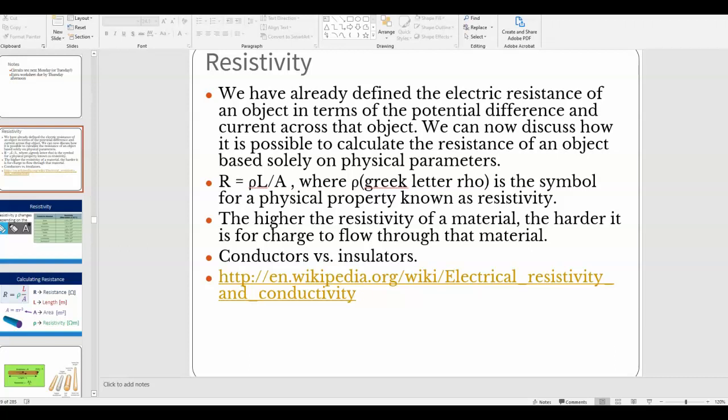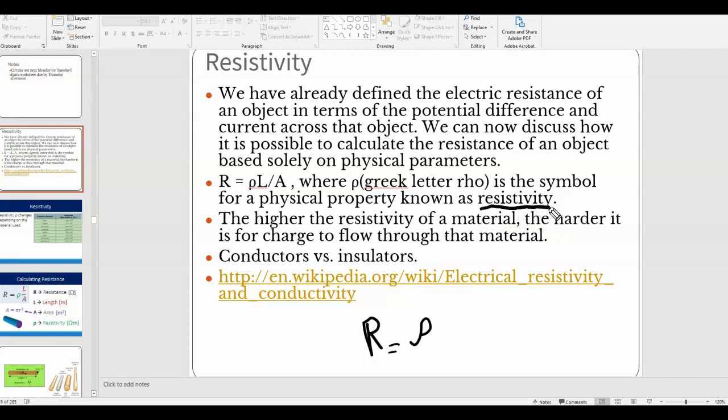Here is the equation to do that calculation. This equation is given to you in the data booklet. R, of course, we know is resistance. We give the Greek letter rho as a symbol for what is called resistivity.